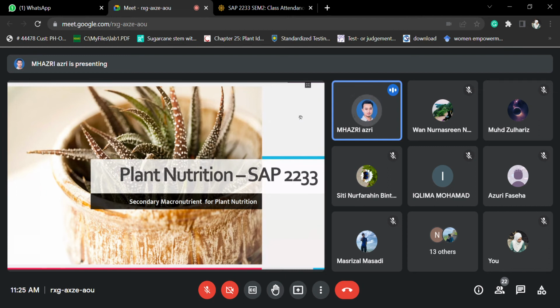But for our class, plant nutrition, I will discuss these elements according to the amount required by plants. So we have macronutrients, consisting of primary macronutrients and secondary macronutrients.